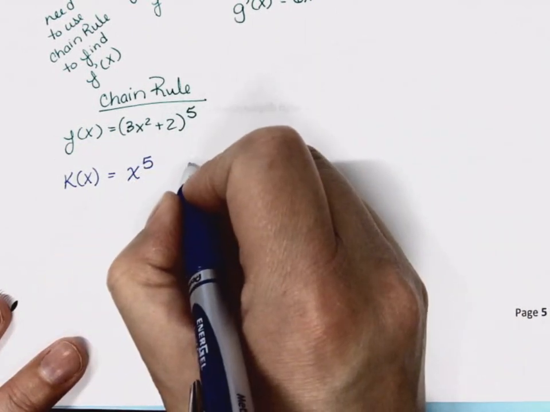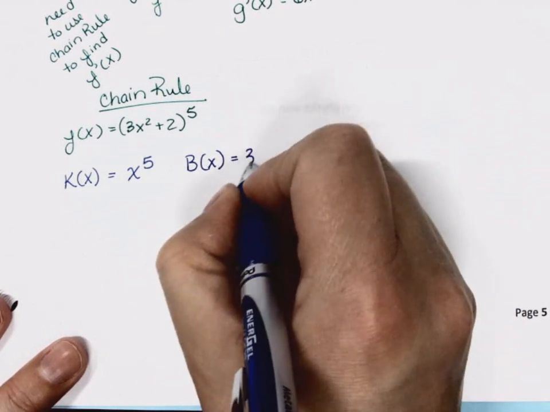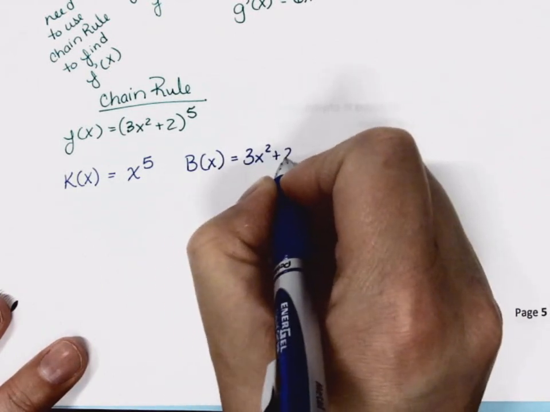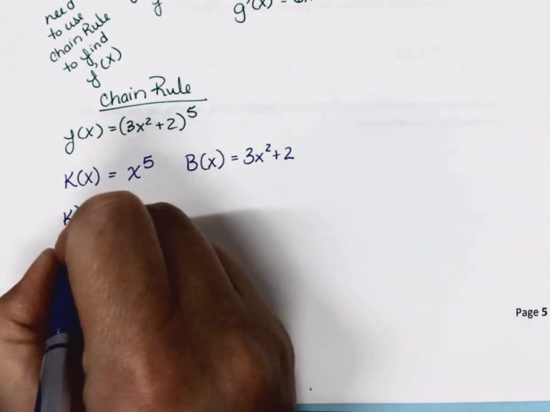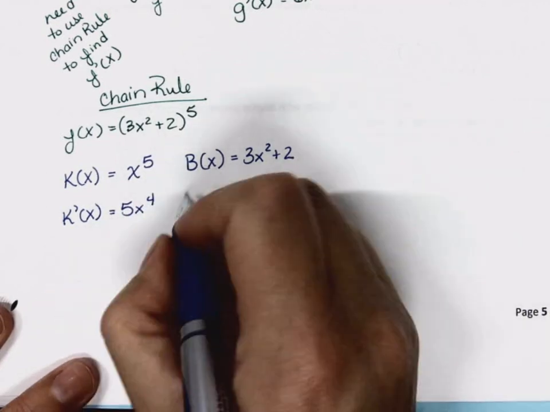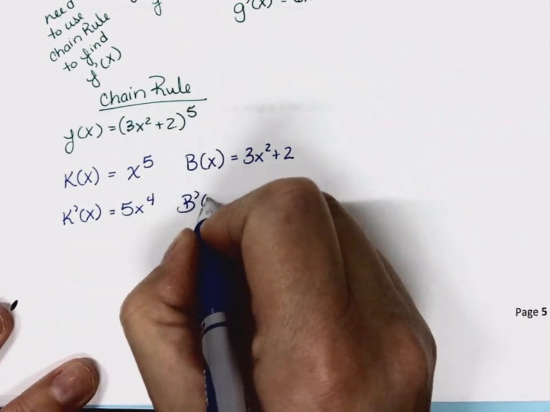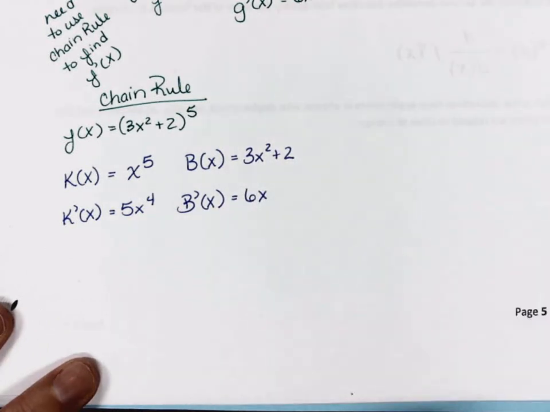And we would then have b of x, which would be 3x squared plus 2. We know that the derivative of k of x would be 5x to the exponent 4, and the derivative of b of x is going to be 6x.